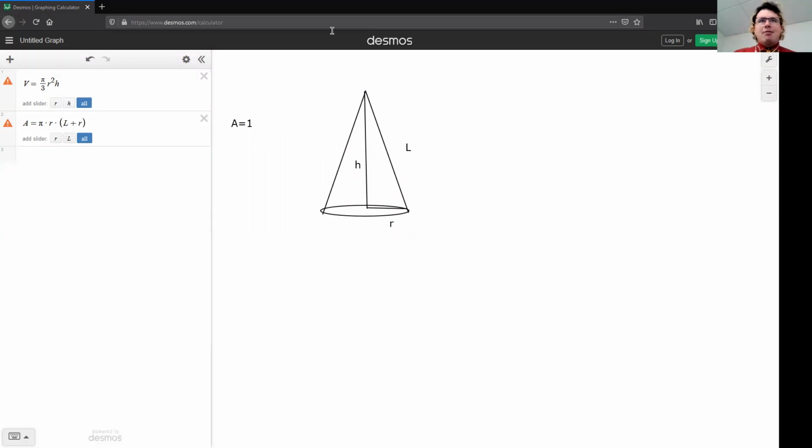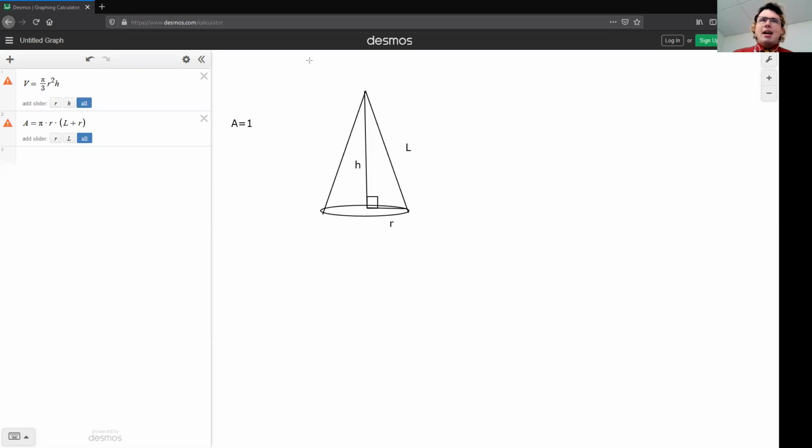Right now, it looks like I've got 3 different variables here. And what I was hoping people would notice is that in a right-angled cone there is this right triangle. The legs have length h and r.